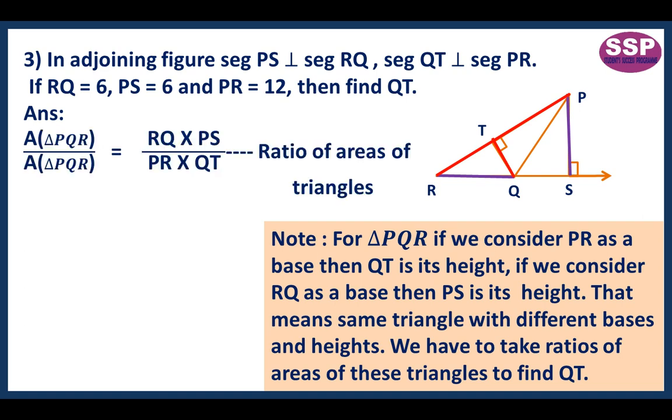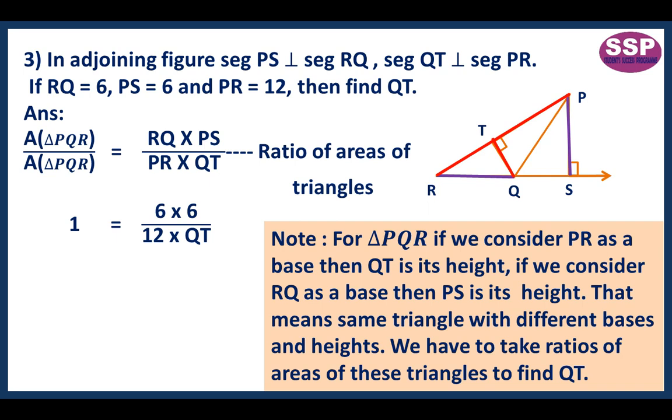Therefore, area of triangle PQR upon area of triangle PQR is equal to ratio of product of their corresponding bases and heights. Therefore, in the numerator, we will get RQ multiplied by PS divided by PR multiplied by QT. Area of triangle PQR upon area of triangle PQR is equal to 1.